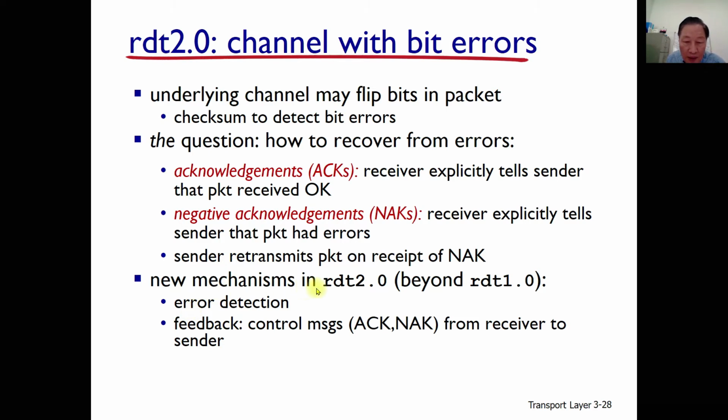New mechanisms in this version: an error detection scheme is being added, and the feedback control messages, acknowledgement or negative acknowledgement, are added from the receiver to the sender.